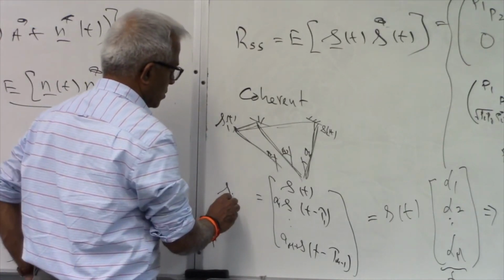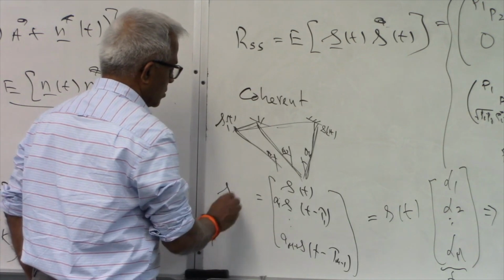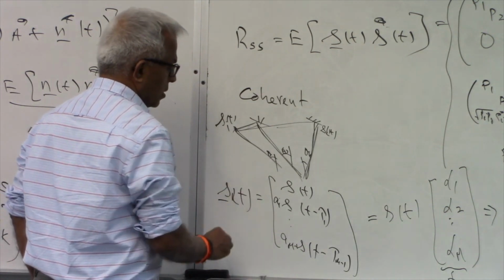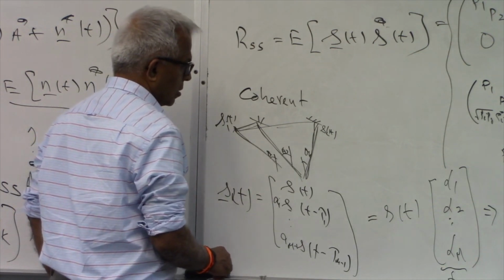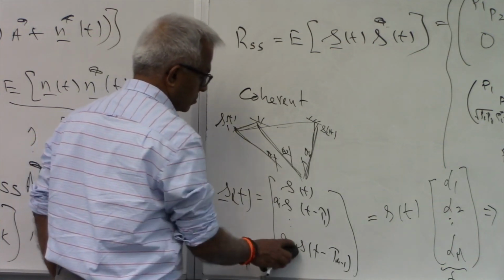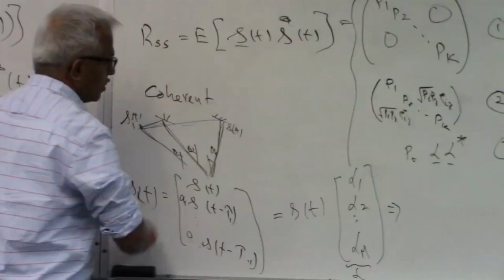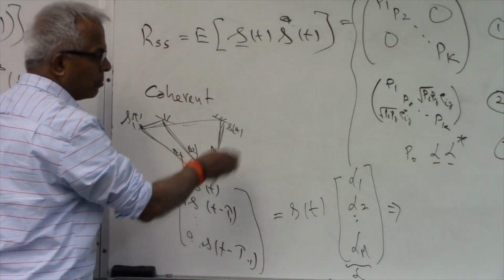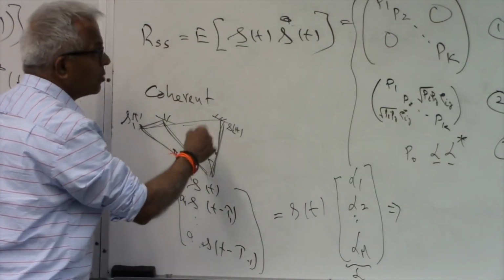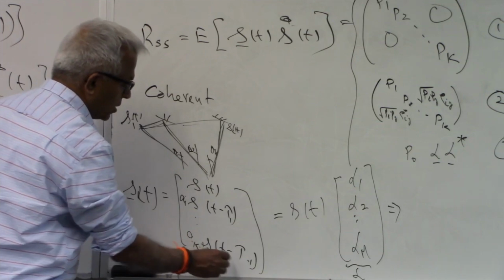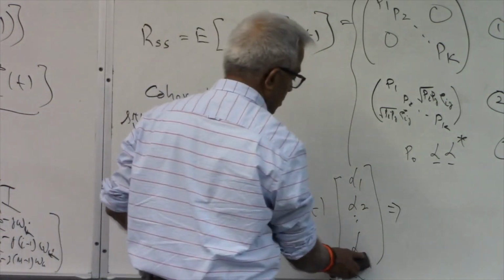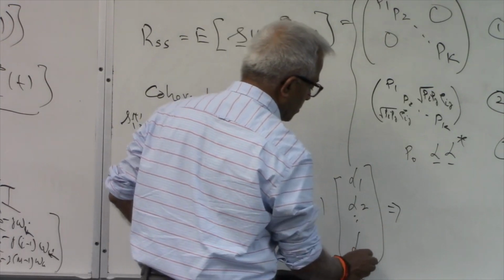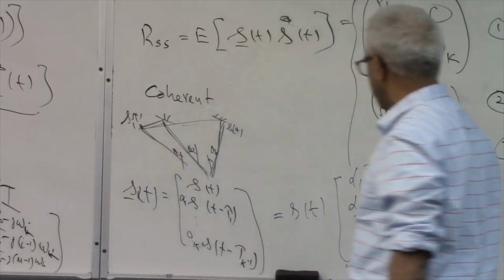Yeah, right, you're right. So this is S of t, but the index should be K because we have K sources, right? We can have any number of them, but if we are using the total to be K, you are right. Let me write it as K. We want to respect the same terminology, right? The number of signals is K, right?